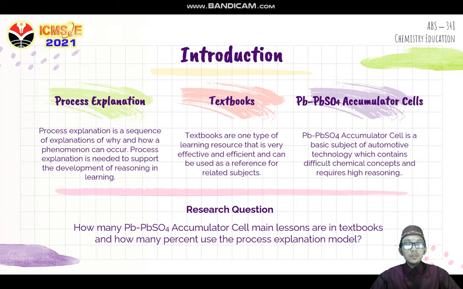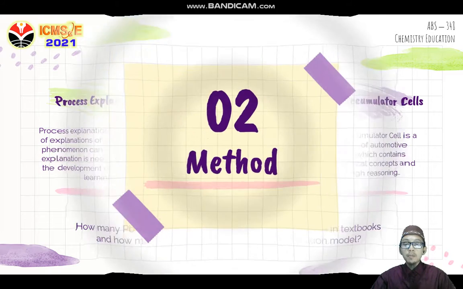And then lead acid accumulator cell is a basic subject of automotive technology which contains difficult chemical concepts and requires high reasoning. So the research question is how many lead acid accumulator cell main lessons are in the textbook and how many percent use the process explanation model.